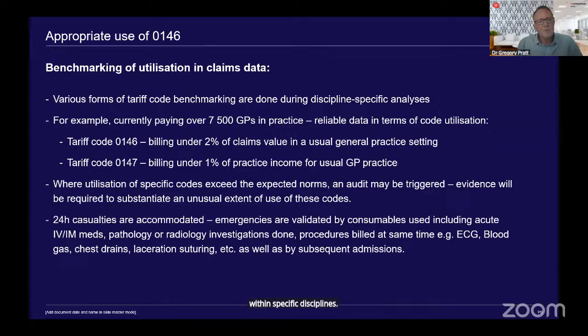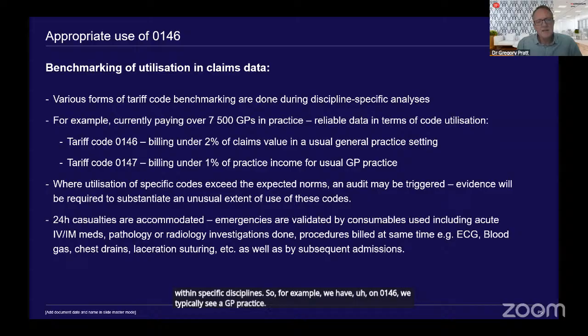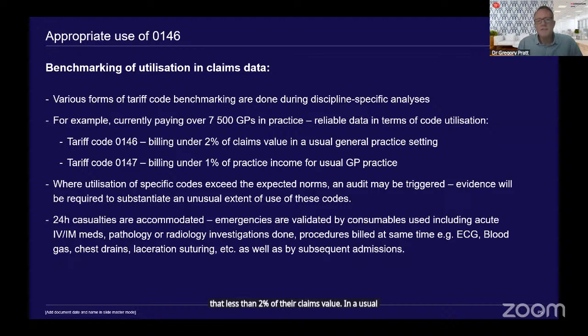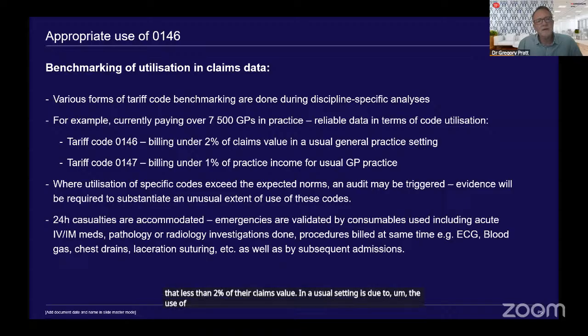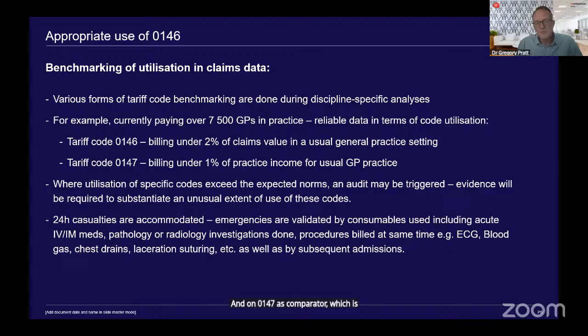So for example, on 0146, we typically see in a GP practice that less than 2% of their claims value in a usual setting is due to the use of 0146. And on 0147 as comparator, which is emergencies away from the rooms, on the GP side, we see less than 1% of practice income for a usual GP practice.